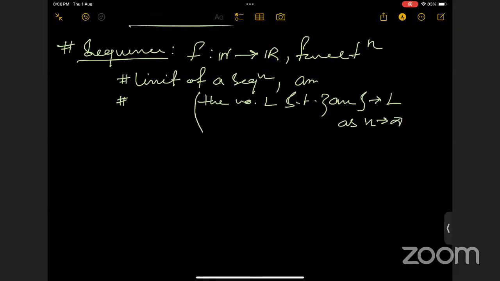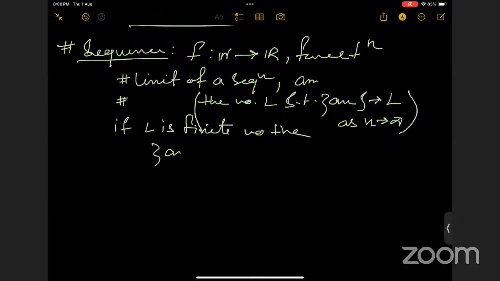This is basically the limit of a sequence. And if L is a finite number, then we will call this sequence a convergent sequence, right? Otherwise divergent.